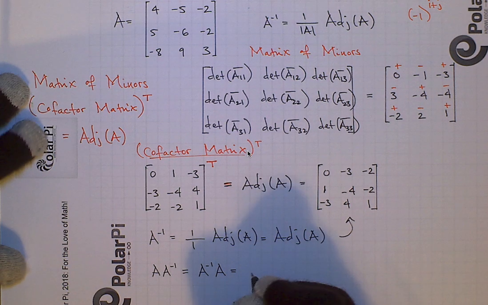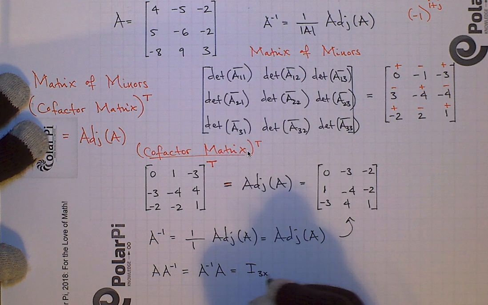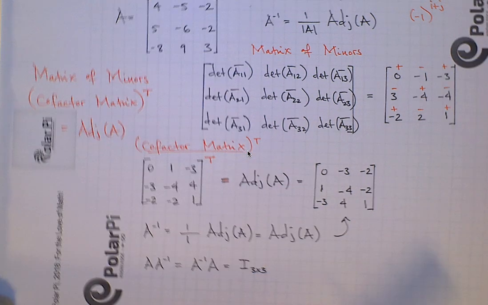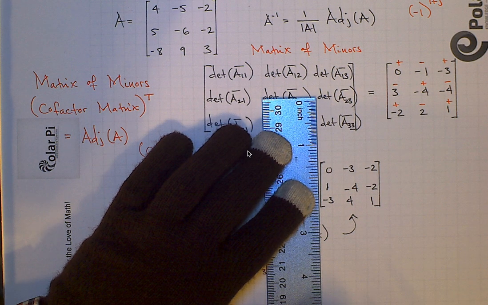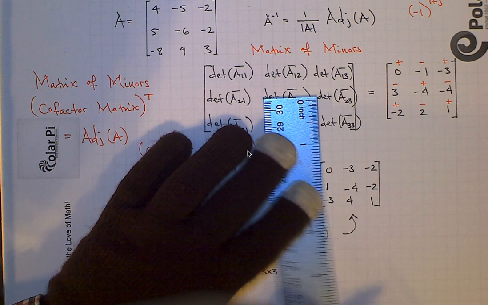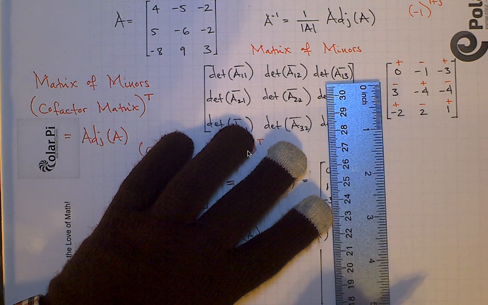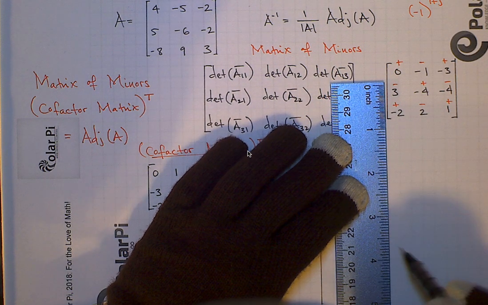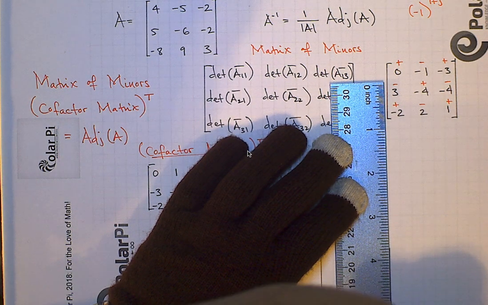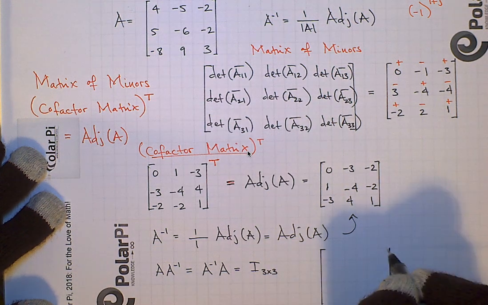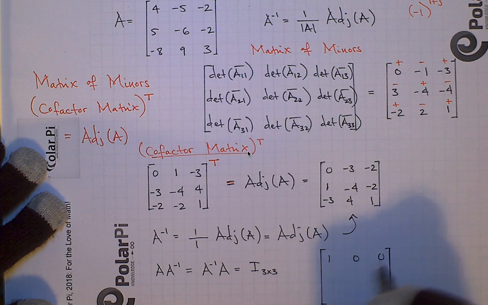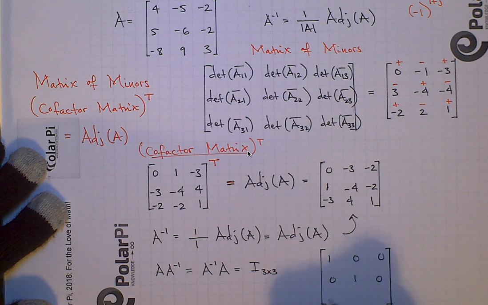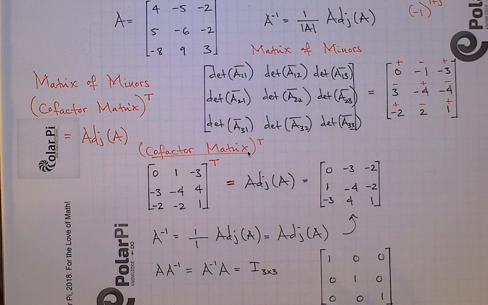And since we have a 3 by 3, we'd expect to get the 3 by 3 identity matrix. For a 3 by 3, the identity matrix is going to be 1, 0, 0, 0, 1, 0, 0, 0, 1.